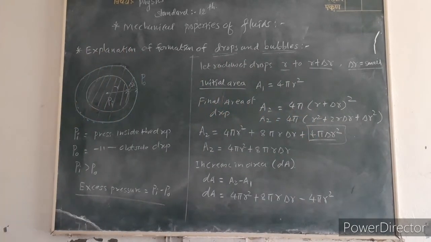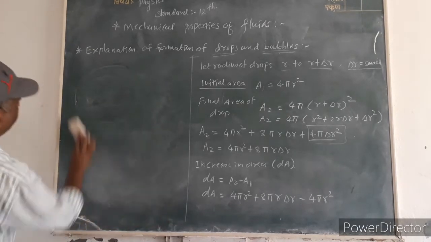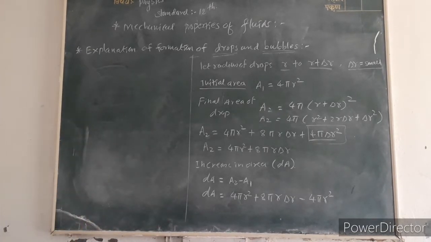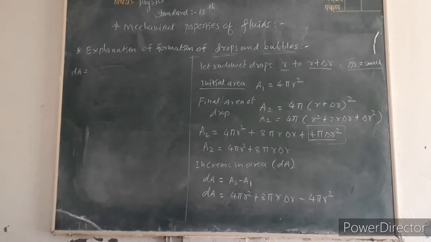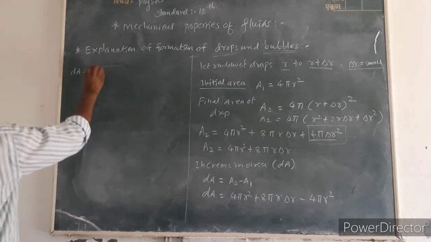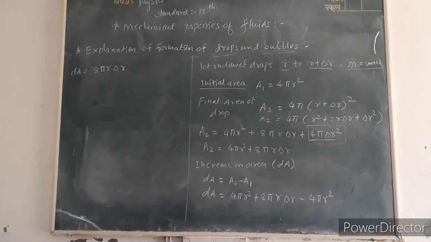Therefore, increasing area dA is equal to 8 pi R into delta R. This is the increasing area.